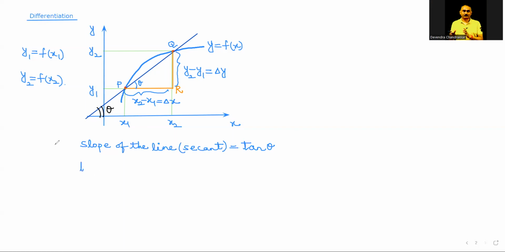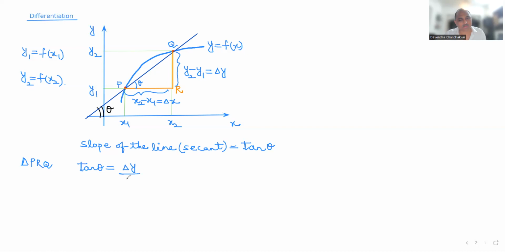So what is this tan theta? In this triangle PQR, from triangle PRQ, tan theta is delta y upon delta x. Clear to everyone? Yes, sir. Or you can also write it as y2 minus y1 upon x2 minus x1.